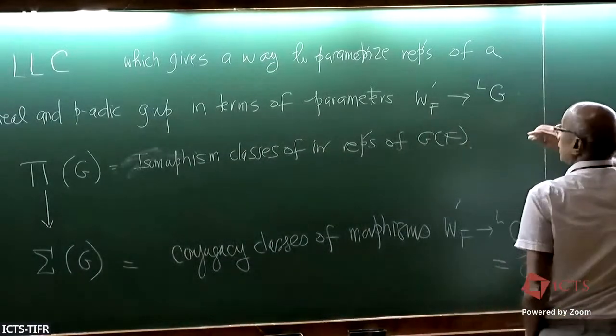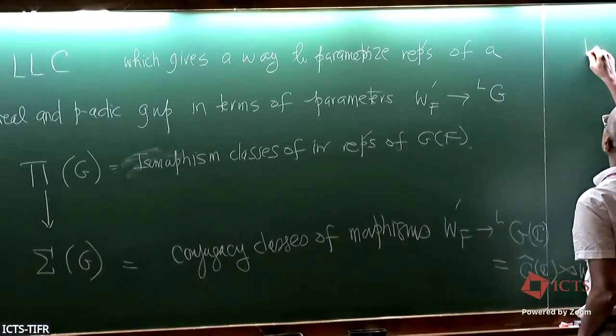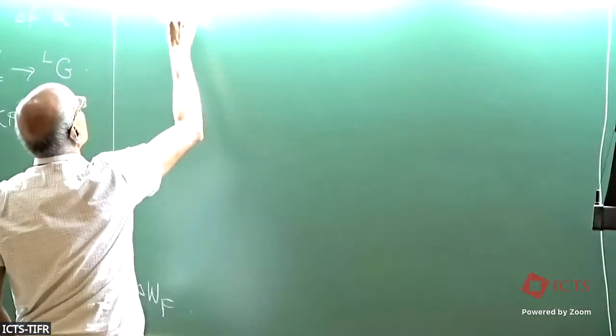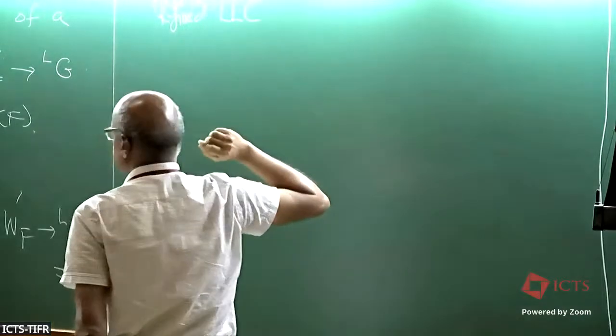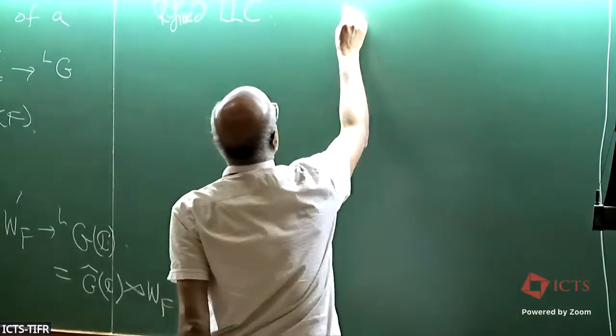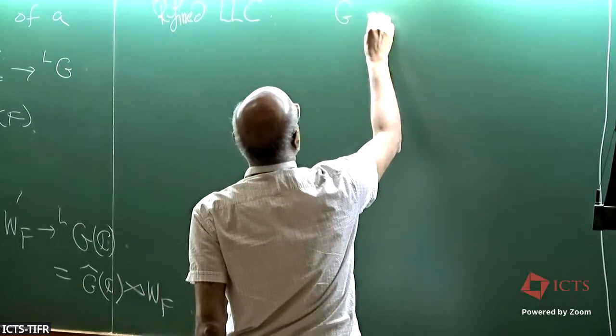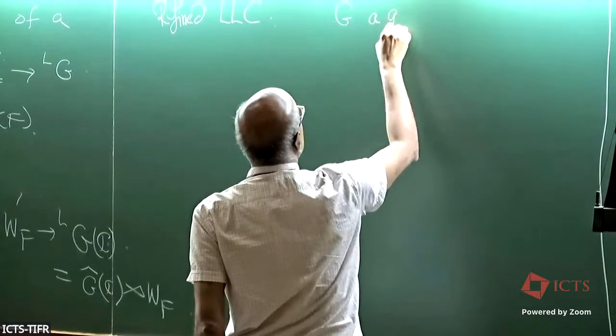So for doing the refined local Langlands correspondence, it's better to begin with G, a quasi-split group.